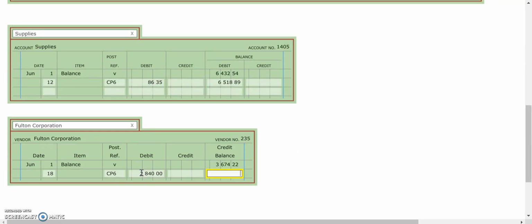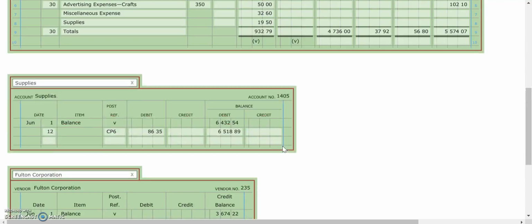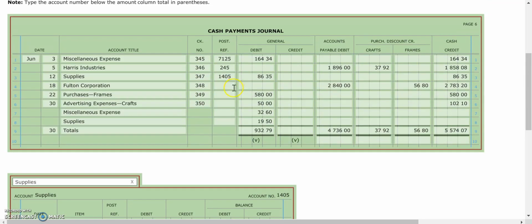And again, this is getting subtracted since we owe them $3,674.22. And then we paid them $2,840. So we have a balance now of $834.22. And then we come back up and put 235 up here in our account.